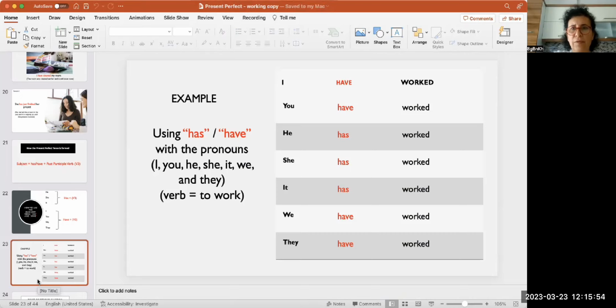He has worked. She has worked. It has worked. We have worked, and they have worked. So always they with have, we with have, it with has, she with has, he with has, you with have, I with have, always. That you must put to memory, okay?